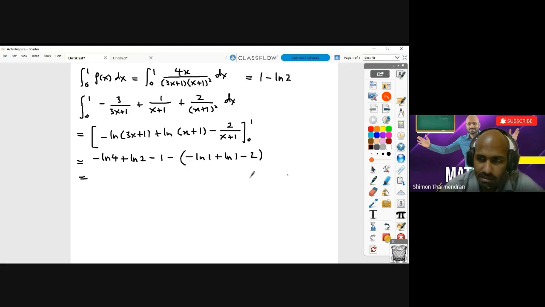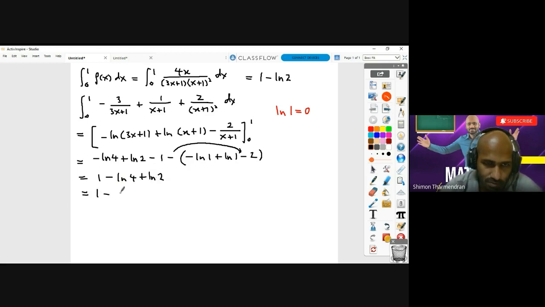Now you guys, SEM1 guys also got to know this. Ln 1 is 0. If you press calculator, so because e power 0 is 1, dia adalah songsangan daripada index. So bila buka kurungan, nampak tak? Negative and negative jadi positive. So 2 minus 1 give me 1 minus ln 4 plus ln 2.